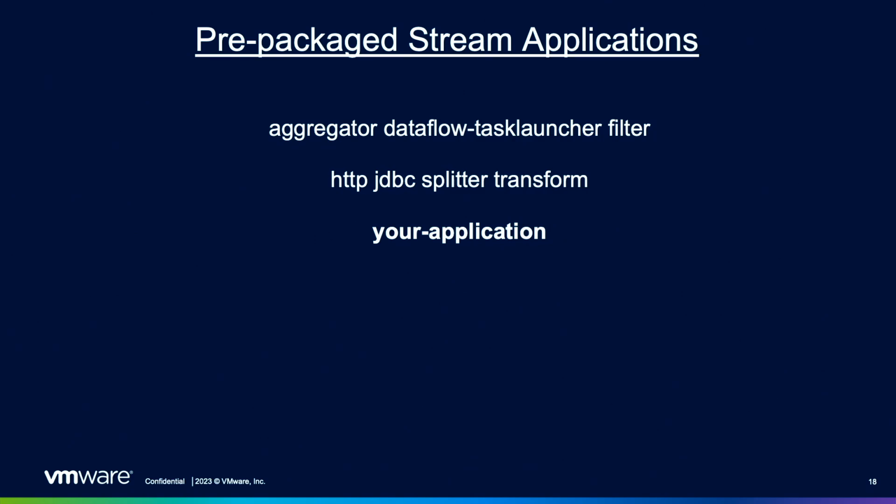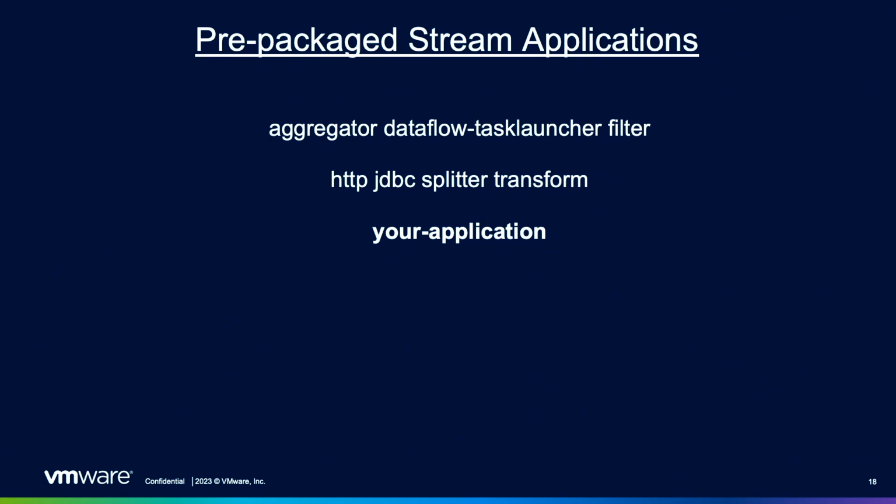The Data Flow task launcher is a sink that takes a message and, with some configuration, launches a specific task. So that means something happened and you want to trigger a task that does something, whether that is to create a document or send out a collection of emails or whatever. That's the kind of thing that you would do there.